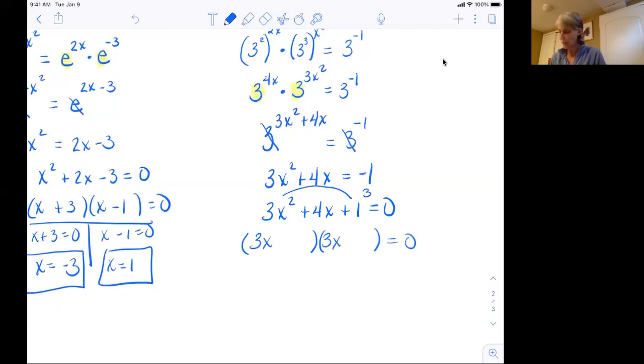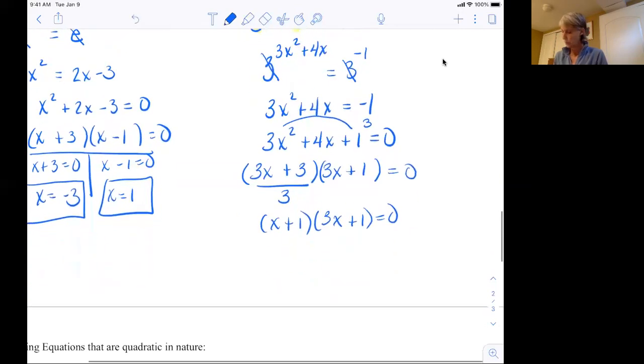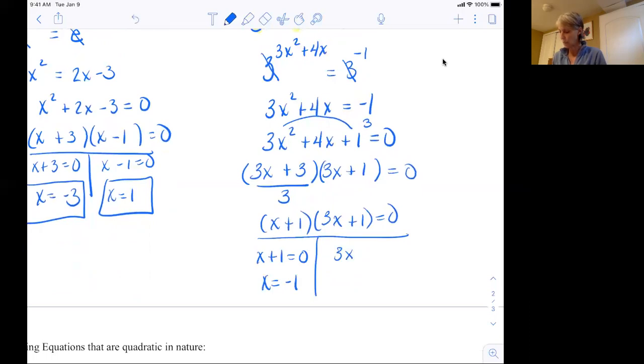Two factors that multiply to 3 combine to give me 4. I put in a factor of 3. I have to divide that away. When I set each of these factors equal to 0, I get my 2 solutions, again, because it was a quadratic. Okay. You often find you're going to get 2 answers. x equals negative 1 and x equals negative 1/3.